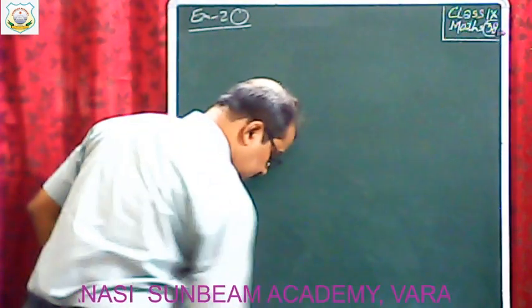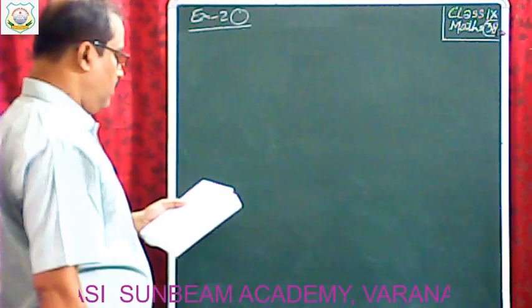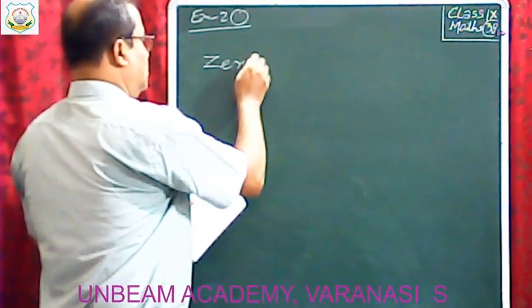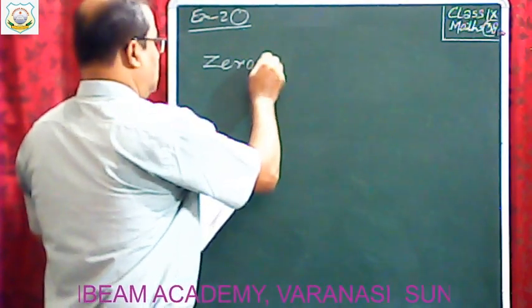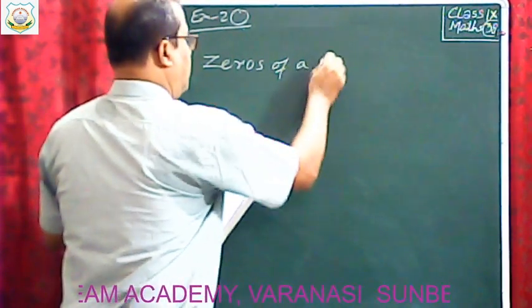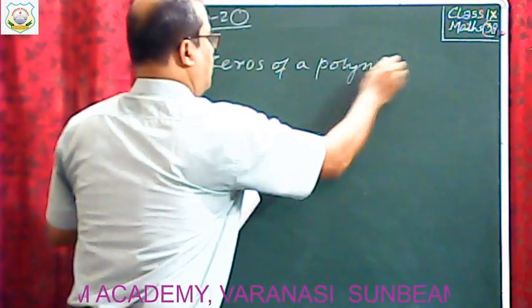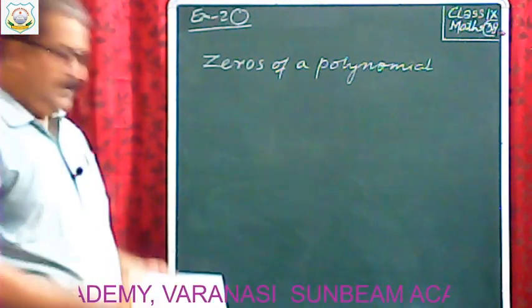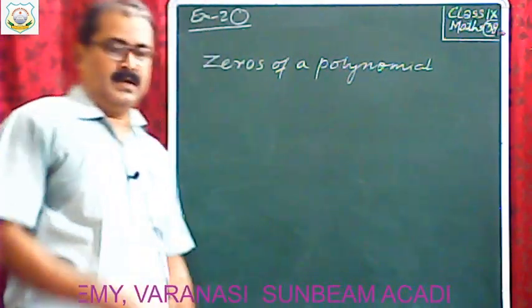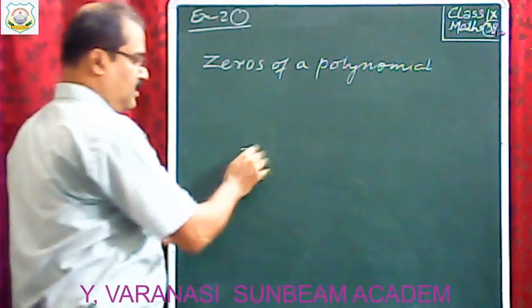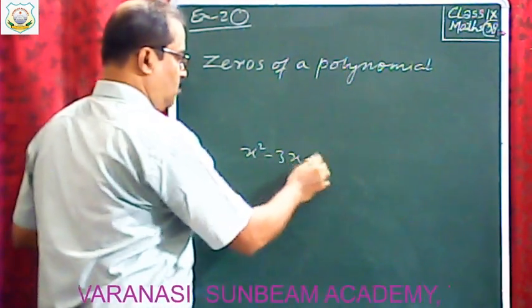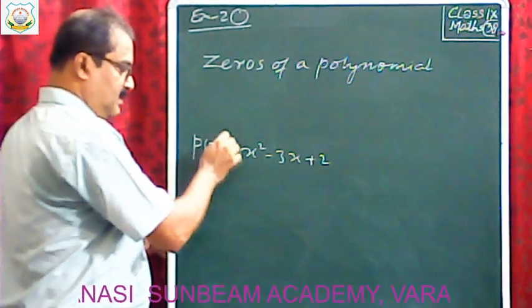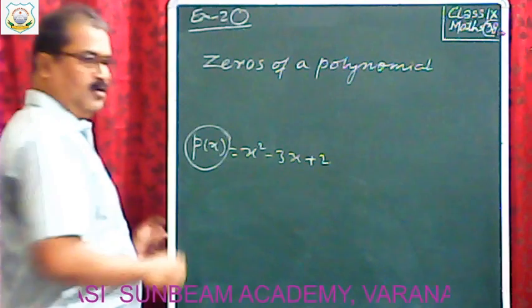Now thereafter, zeros of a polynomial. Okay, generally polynomials are represented in this way: suppose x square minus 3x plus 2 is given, you write P(x) equals, this is the notation of a polynomial.